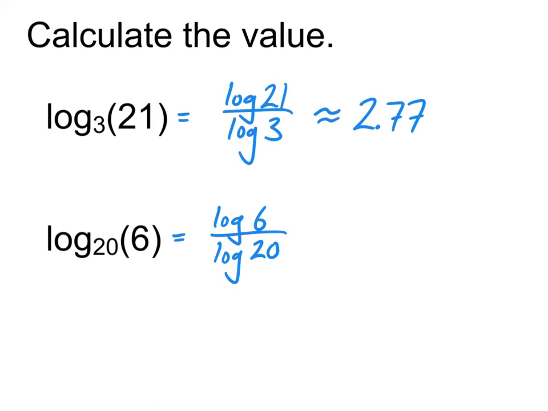Again, notice the 20 was written lower, and so the 20 ends up being written lower in our fraction as well. All right, now I'm going to plug this in my calculator as well and figure out what that is. And I get about 0.598. Well, the 0.598 would then round to 0.60. So that's going to be 0.6 basically for our final answer on that one.